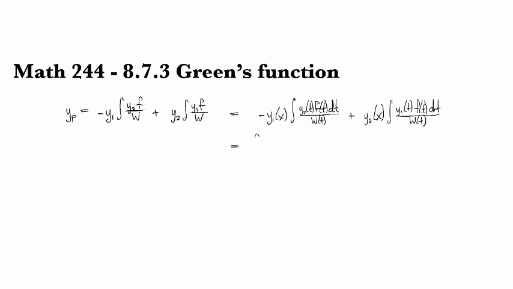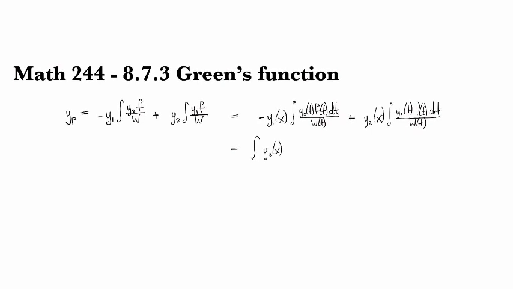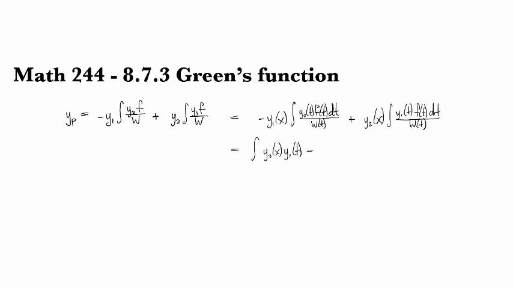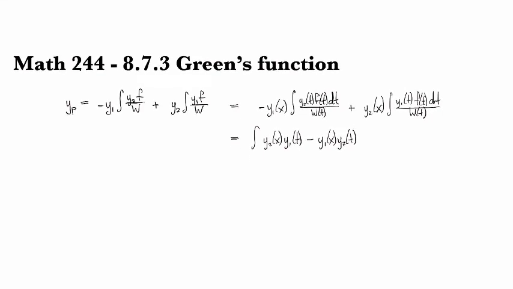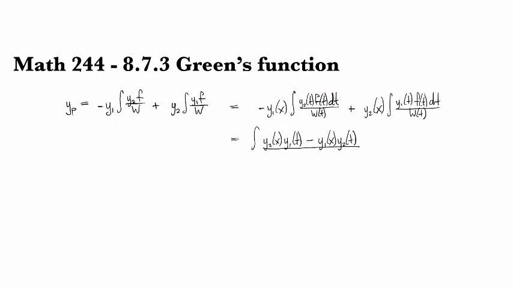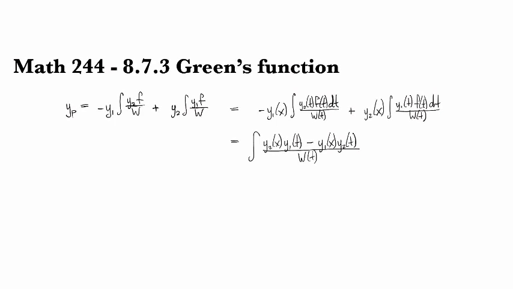So combining these, we have the integral of y2 x y1 of t minus y1 x y2 of t, and that's all going to be over w, and I guess I'll need to make that a little bigger.